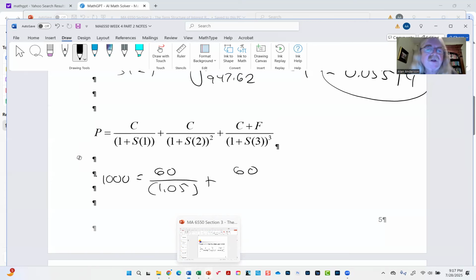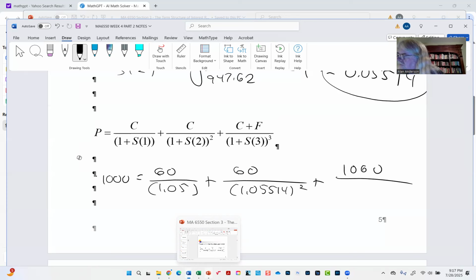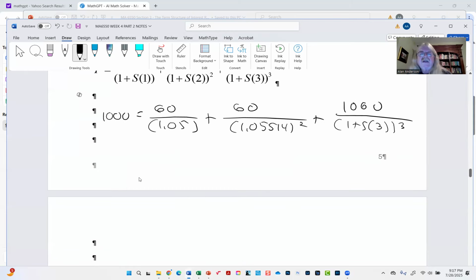So we already know S1, we know S2. The only thing we don't know is S3. Okay, so I'm going to consolidate these constants real fast.